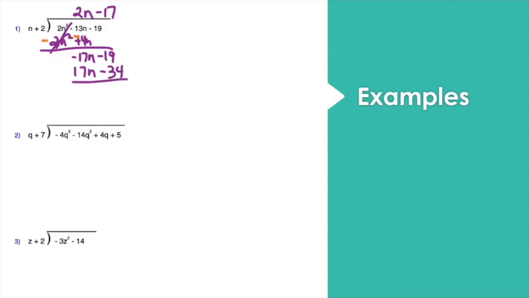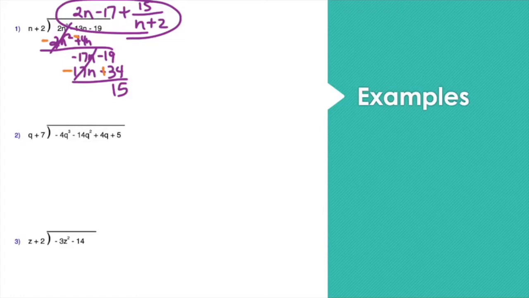I'll change the signs of both of those. These will cancel, and I'll be left with positive 15. And I'll write that as a fraction, 15 over n plus 2.